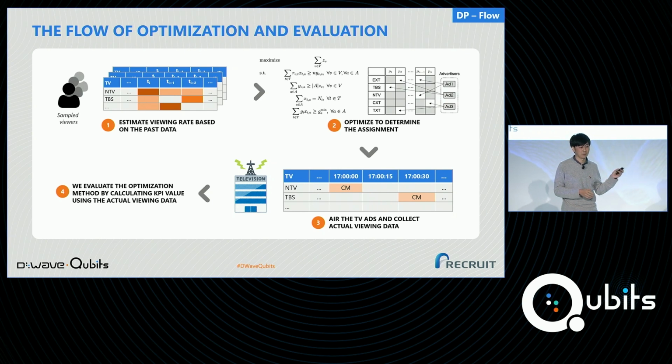And then next, we optimize to determine the assignment of the advertising. And next, we actually air the commercials, and we evaluate each method by using the actual data.